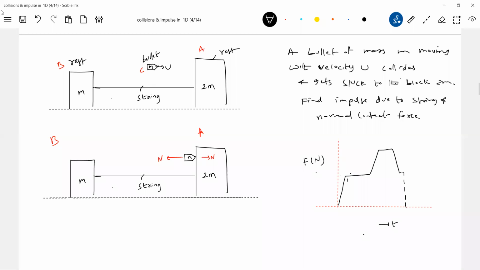You can see this interval of time, delta t1. Next, again, this interval of time, delta t2.